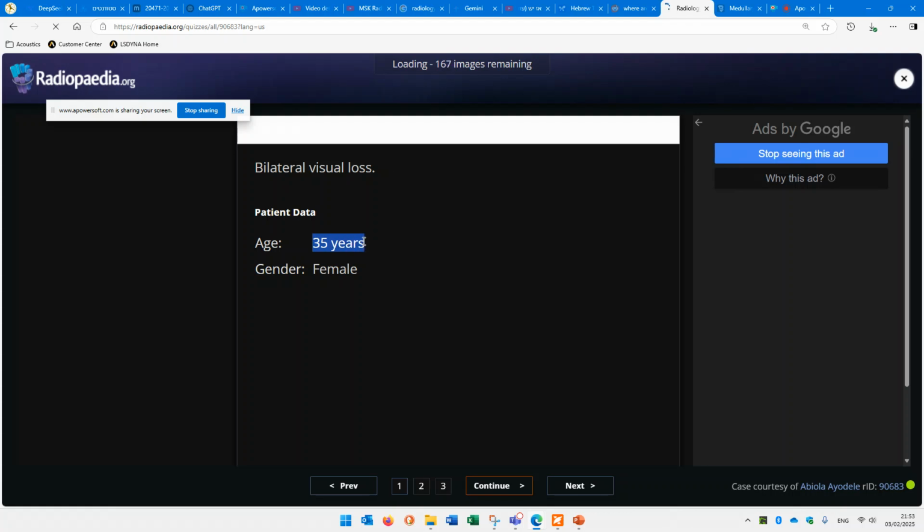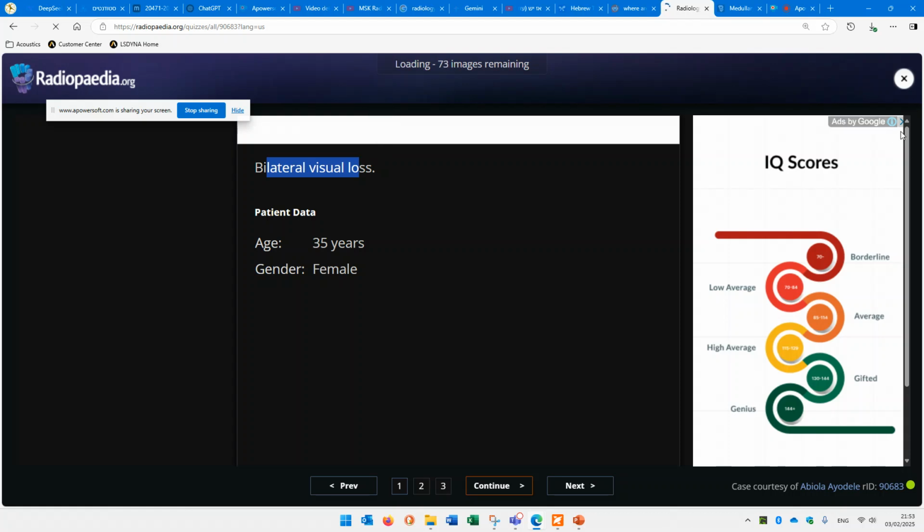Now, 35 years old is quite an age for multiple sclerosis, for example, but bilateral visual loss from multiple sclerosis sounds quite unusual. We have MOGAD and NMO that may be. Now, bilateral visual loss at the same time.